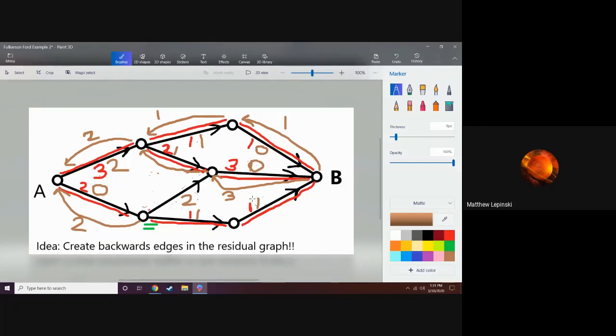And then let's see, that was a 2 here. This is now a 0, and this is now a 1. This is a 3. Just going and updating all of the brown numbers in my graph.